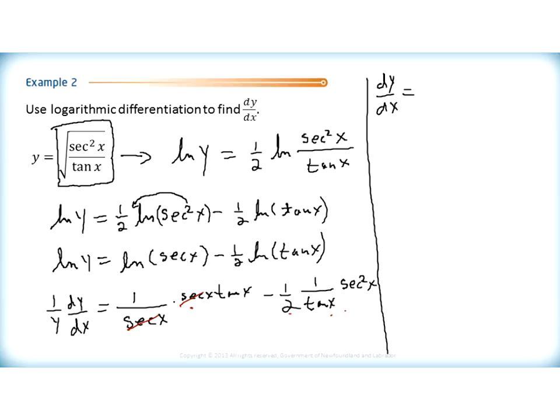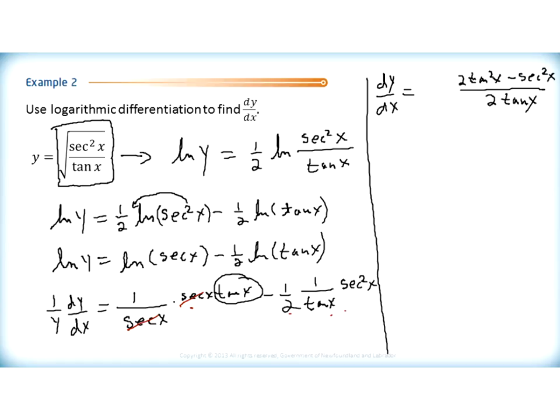So when I do that, let's see what we get. We're going to have tan x times 2 tan x will be 2 tan squared. So I'm going to have 2 tan squared x. And then it's just going to be in the other one minus secant squared. And that's all going to be over 2 tan x.